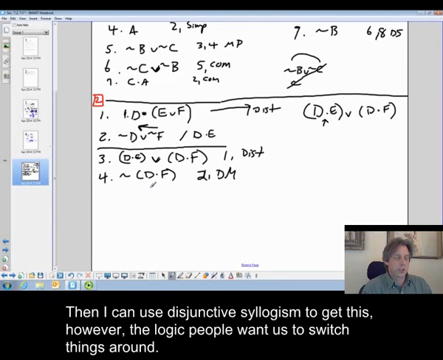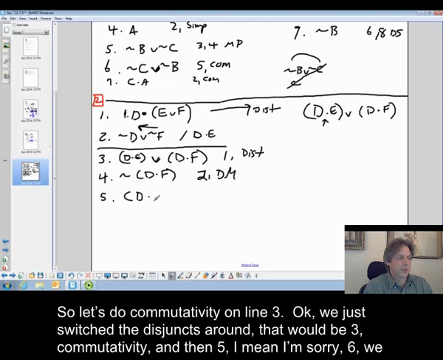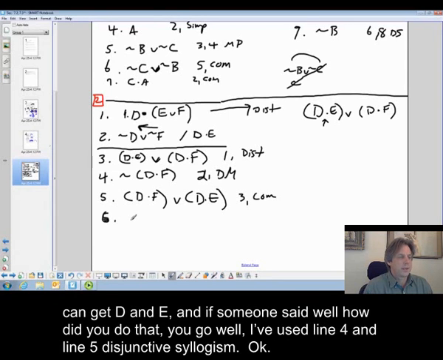Then I can use disjunctive syllogism to get this. However, the logic people want us to switch things around. So let's do commutativity on line 3. Okay, we just switched the disjuncts around. That would be 3 commutativity, and then 6, we can get D and E. And if someone said, well, how did you do that?